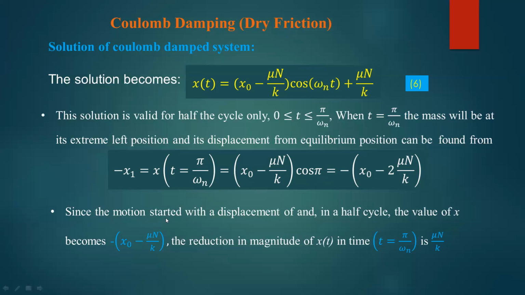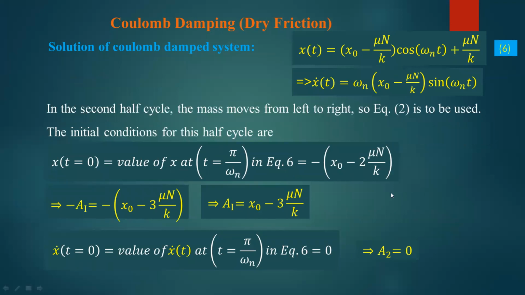Since the motion started with a displacement, after half cycle the value of x becomes minus of x naught minus mu n over k. Minus means in the downward direction. This minus especially indicates the position in the downward direction. And for the time t equal to pi over omega n, it is mu n over k, which we already discussed. So this is equation number 6, already stated there.